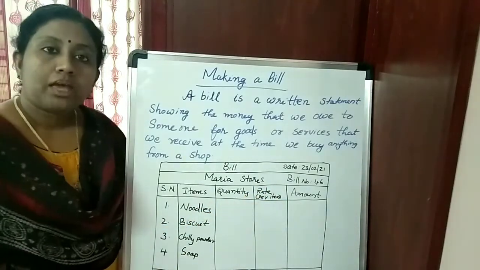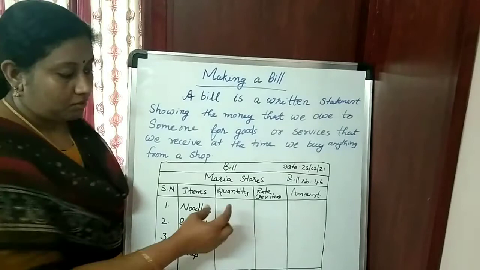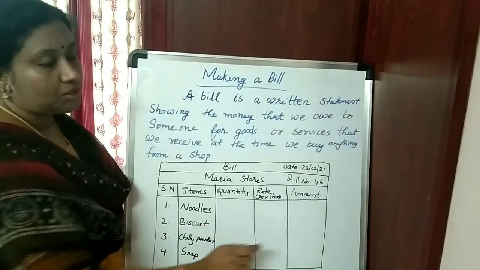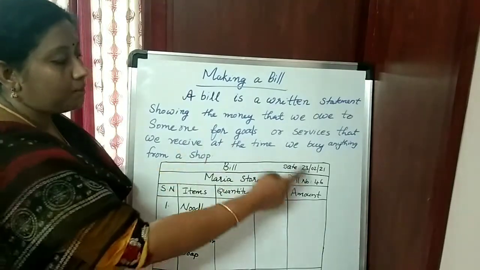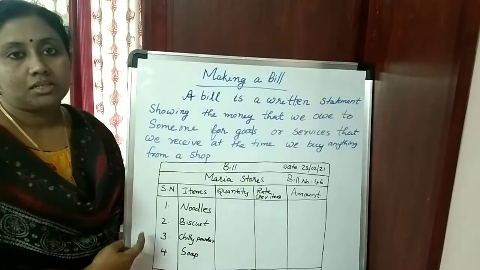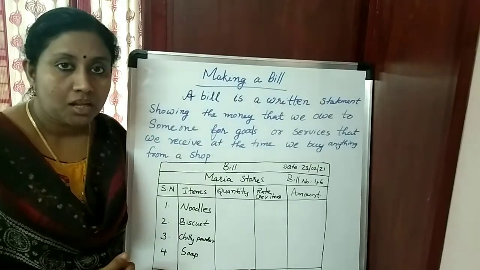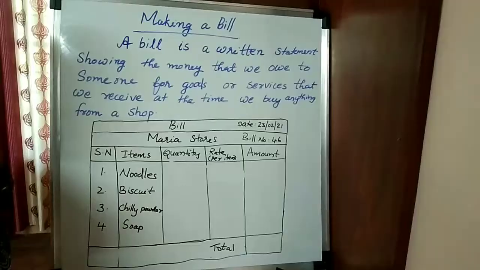Then amount, and at last you find the total amount. These all are mentioned in that slip. That slip is known as what? Bill.